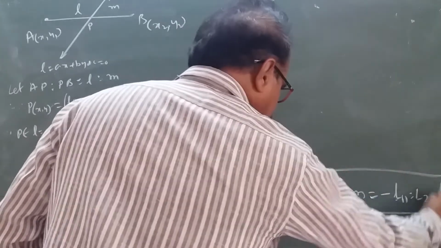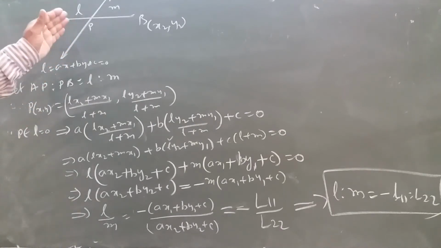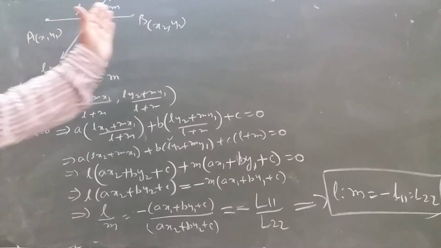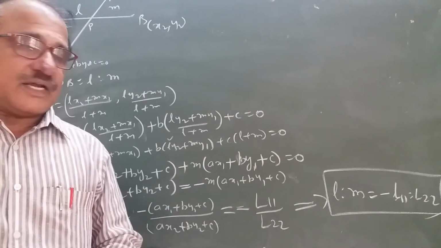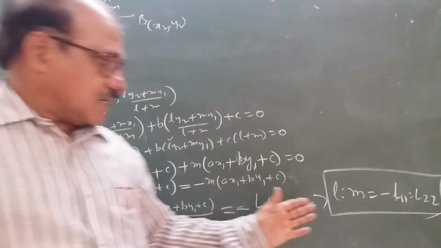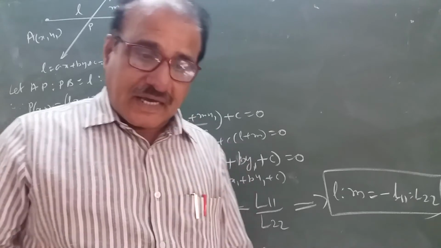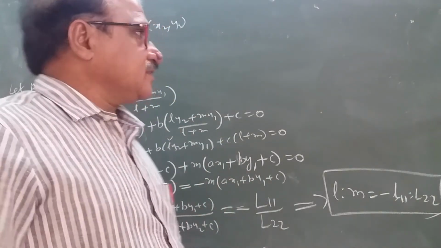This is our conclusion. That means if a straight line ax plus by plus c divides the line segment AB in the ratio L is to M, then L is to M is nothing but minus L11 is to L22. Here we have to discuss two points.